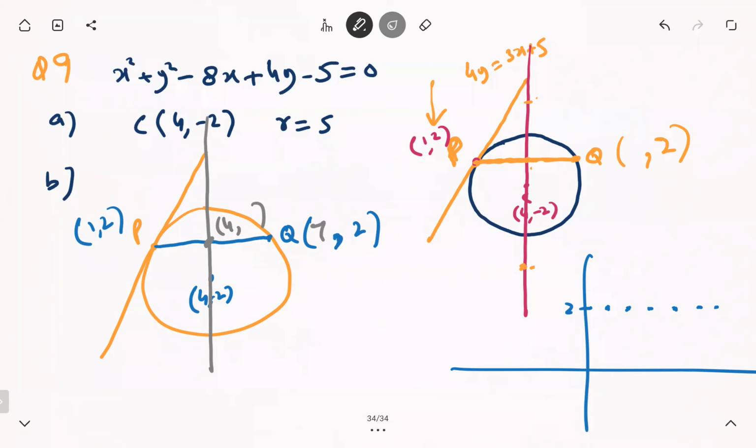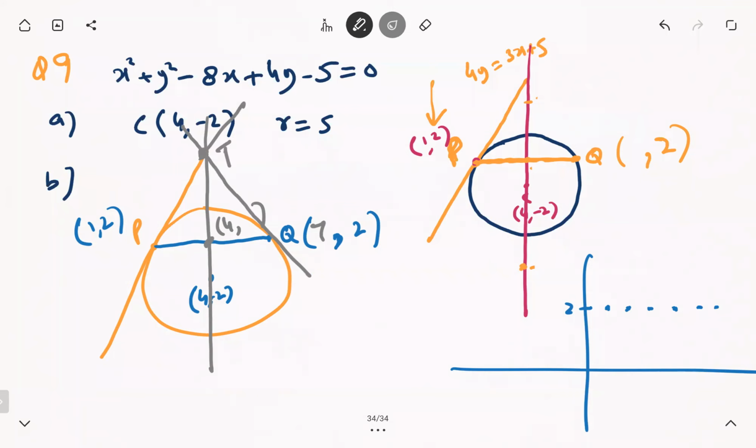Okay, D part of this question, last. Find the coordinates of T. Given that the lines PT and QT are meeting at the point T. So this is the point T. We need to find the coordinates of T. How to find the coordinates of T?